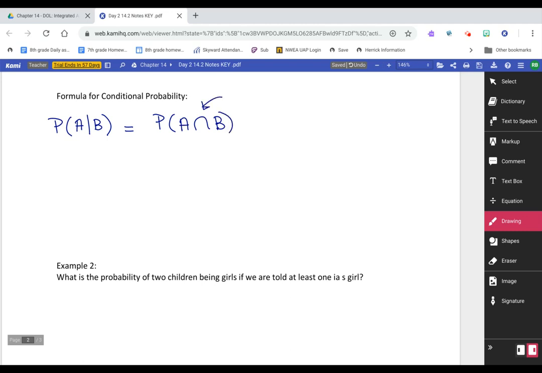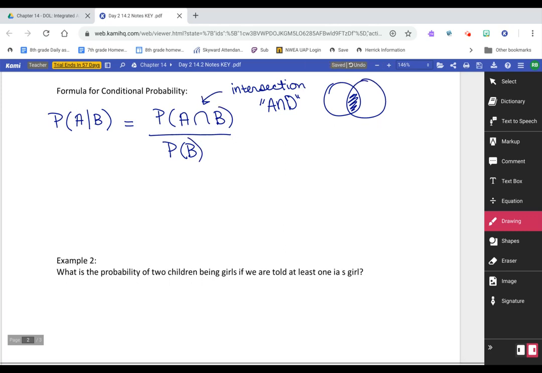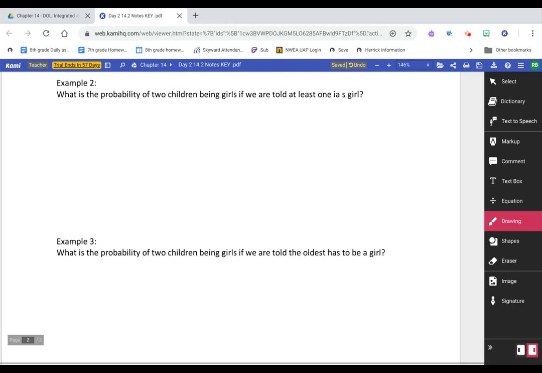So remember, this means the intersection, and that's when we have the and group. So in the Venn diagram, the and group is here because both of the situations are occurring, over the probability of just B occurring.